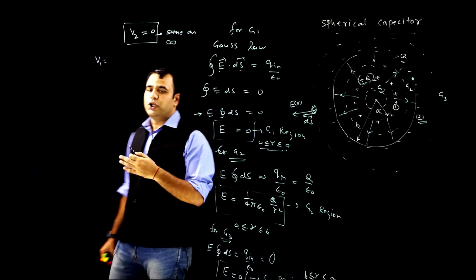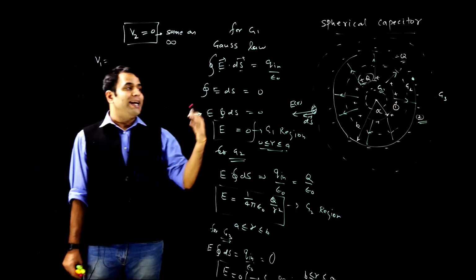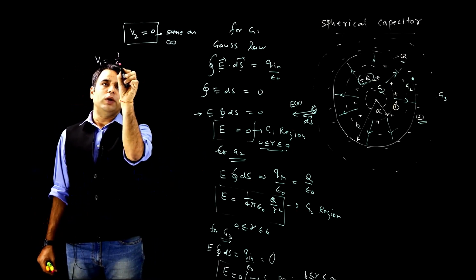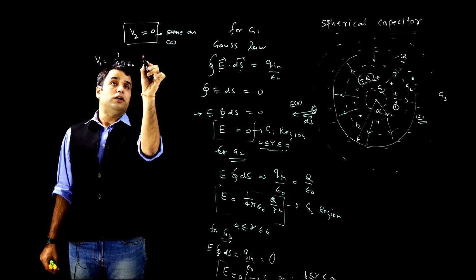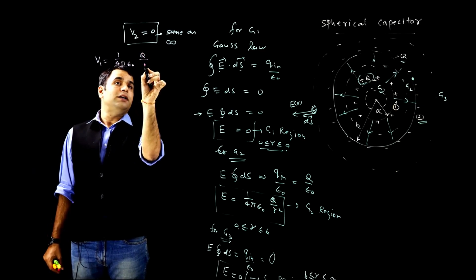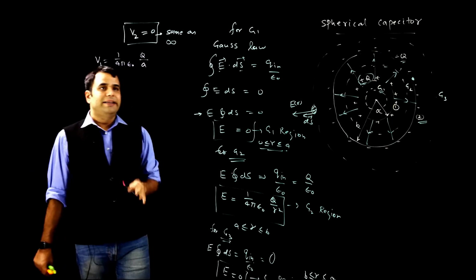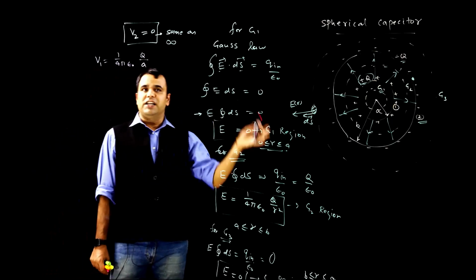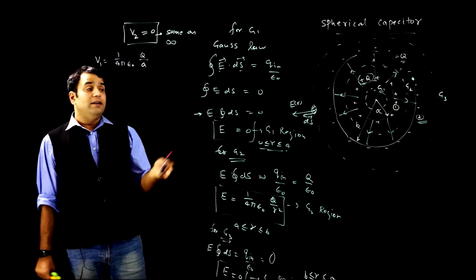So first I'll put the potential due to the inner shell. It will be equal to 1 upon 4 pi epsilon naught times total charge, which is plus q, upon small a. That's the potential due to the inner spherical shell. Now we'll calculate the outer spherical shell.